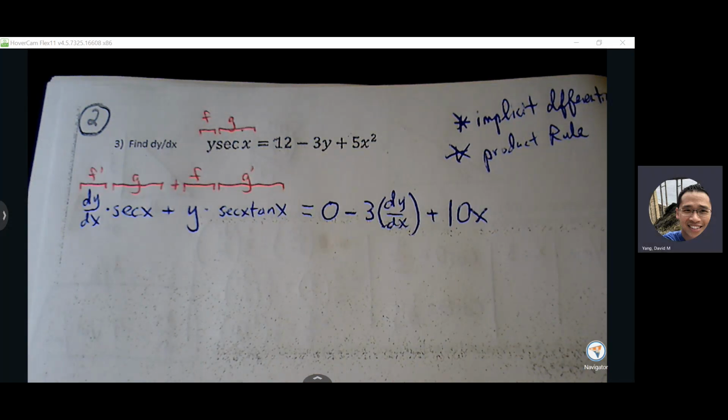Okay, so we have two dy dx terms. We want to put them on the left side, and all the non-dy dx terms will move right.